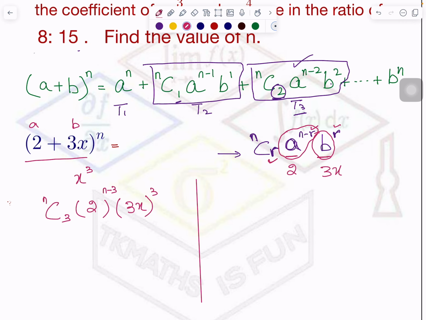I'm explaining why you have picked up this 3. Because you want x³. That's why you have decided you need power 3 there. So it will help me get nC3. Similarly, for the coefficient of x⁴, I will say nC4 times 2^(n−4), and b is (3x)⁴, because when I expand this term, it will give me x⁴.